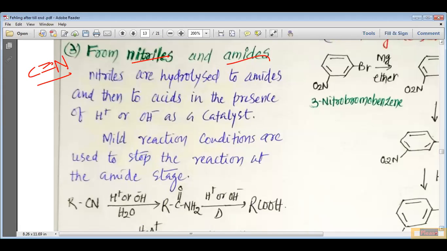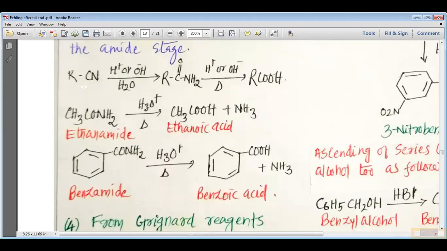You can see here that from RCN, first we hydrolyze it in the presence of acid or alkali. We get RCONH2, and then this RCONH2 is again hydrolyzed to the carboxylic acid. In the same way, if we have an amide, CH3CONH2, that also on hydrolysis gives us ethanoic acid.